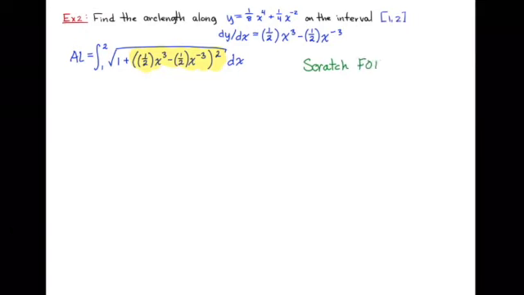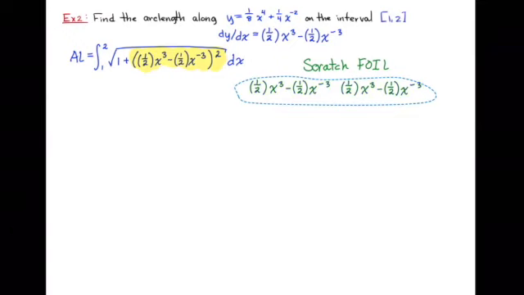To square that, think of our FOIL method: first, outer, inner, last. We're multiplying these two terms together. When we multiply the first terms, we have 1/2 times 1/2, which is 1/4 x to the 6th.